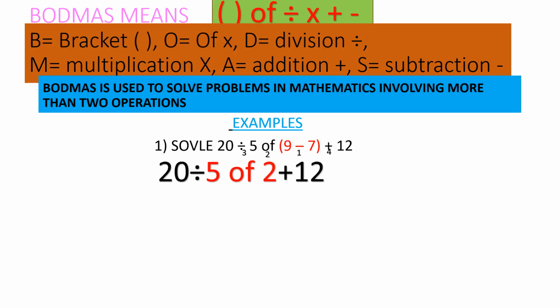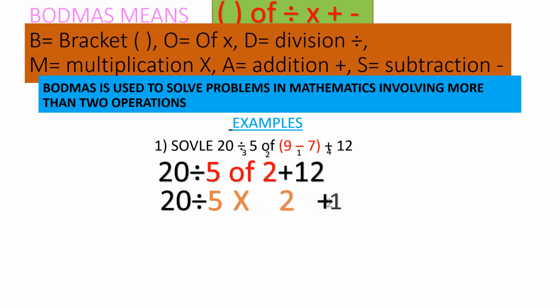You see that in the second step, all the numbers have been brought down, and in the place of 9 take away 7, I have simply replaced it with the answer, which is 2, plus 12. Now you go down again to the next step.